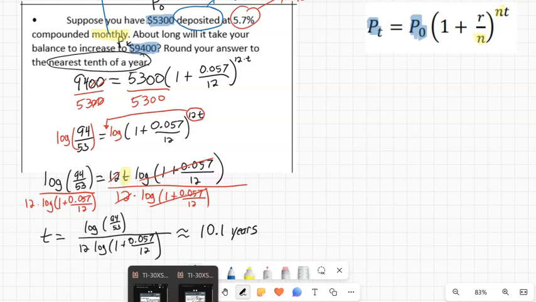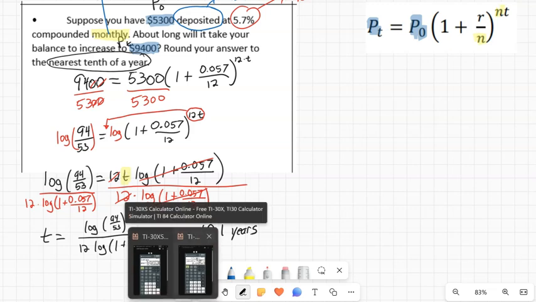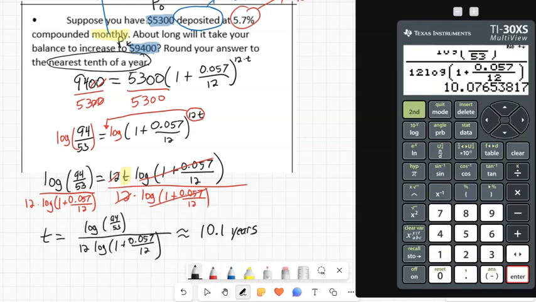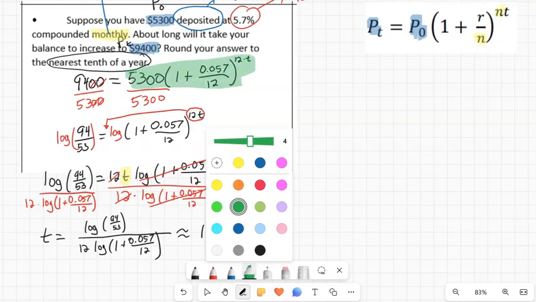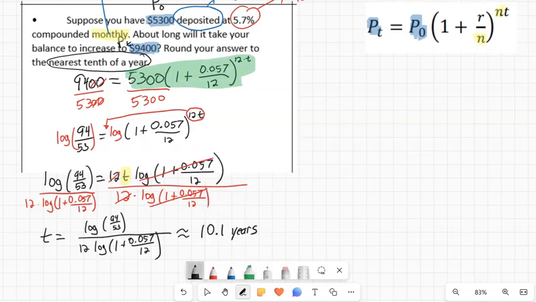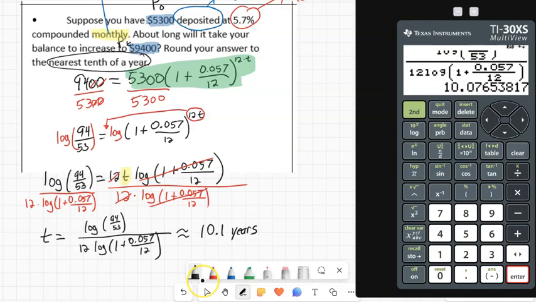Okay, now we could check this with our original expression. Let me highlight the part in a different color. How about green? All of this is the compounding interest formula growing 5,300 for an unknown time. Now that we have an approximation for the time, we could actually use the exact time.